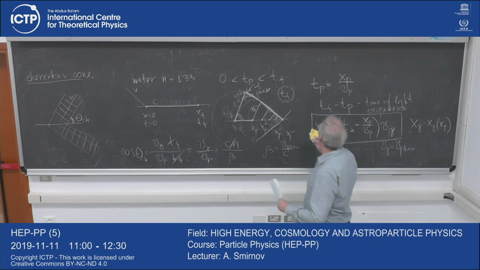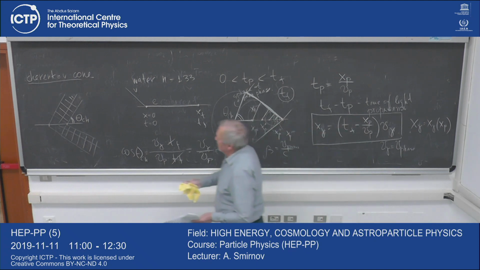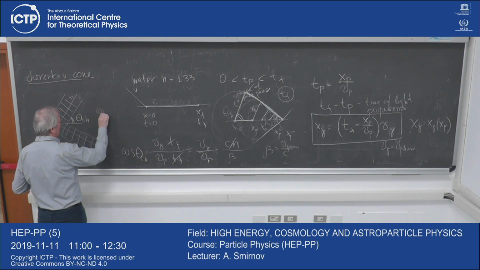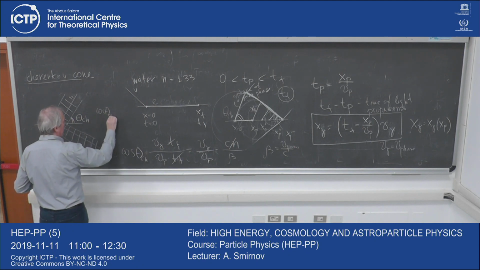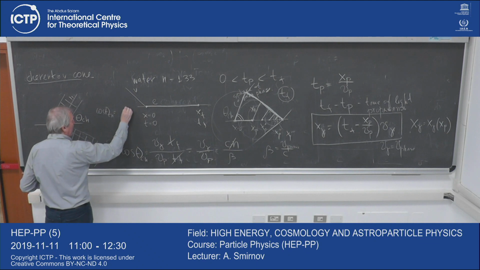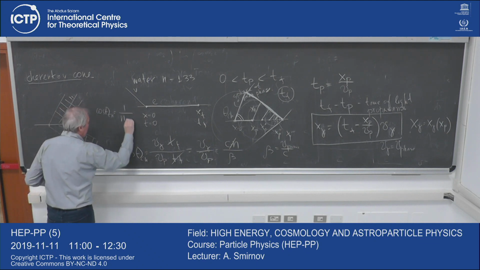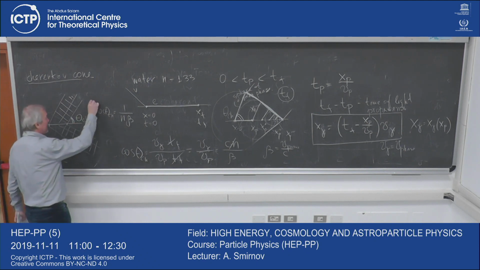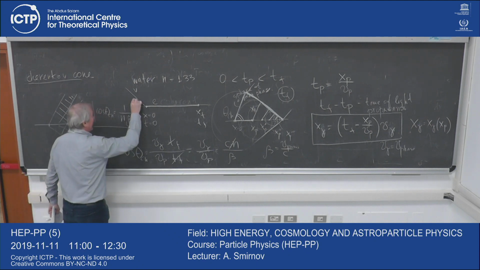So the bottom line is that the angle, let me write this, cosine theta Cherenkov is given by 1 over n times beta. And beta is the velocity of the particle in units of the velocity of light in vacuum. So this is the expression for the cosine of the Cherenkov angle.